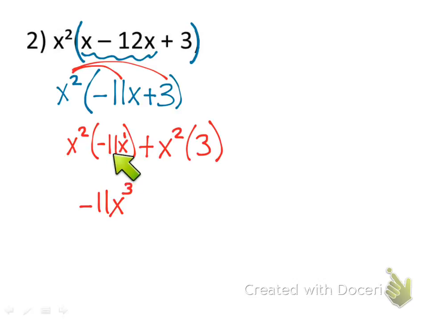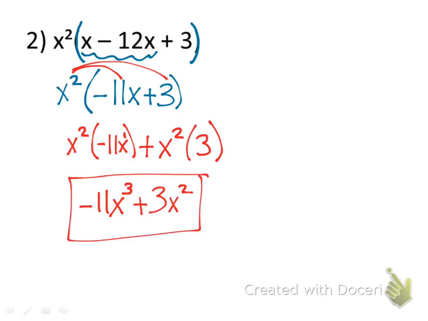We are multiplying these bases, so we're adding the exponents. Alright, and then what do I have in the back? Plus 3x to the second. Very good. Those are not like terms, so there's nothing else we can do. We're done. What questions do you have?